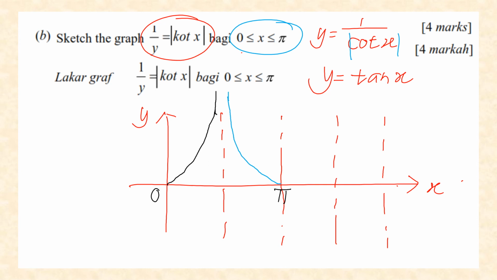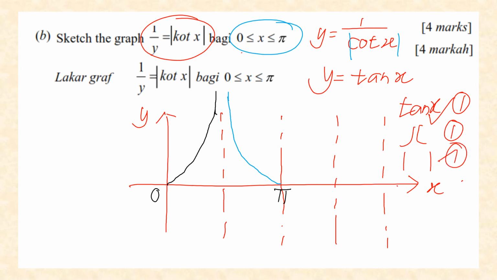So I put it here: the tangent x graph. You get 1 mark for the shape. Then you have only 1 cycle, like that. 1 cycle, 1 mark. And then what else? I do not know why 4 marks, because one part is the modulus that is reflected. Modulus is 1 mark.